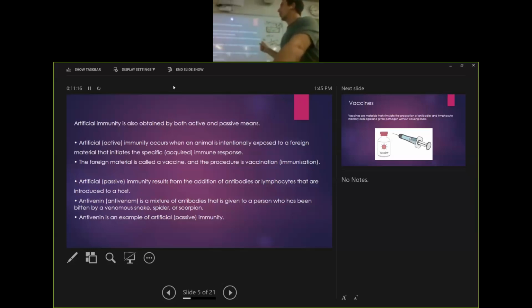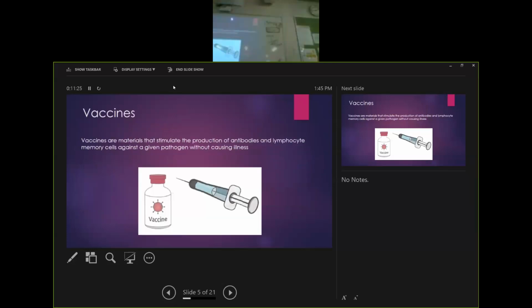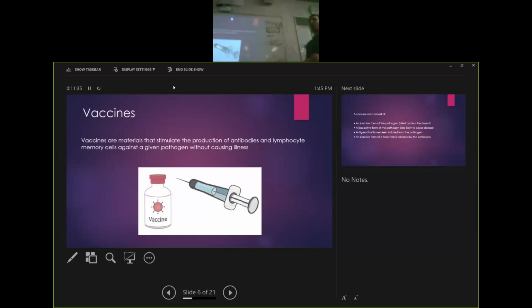So let's talk a little bit about this idea of artificial active. This idea that we are intentionally exposed to a pathogen, and we are intentionally exposed via a vaccine. These are any materials that are going to stimulate the production of antibodies, but not only antibodies. The key here is the lymphocytes, those memory cells.